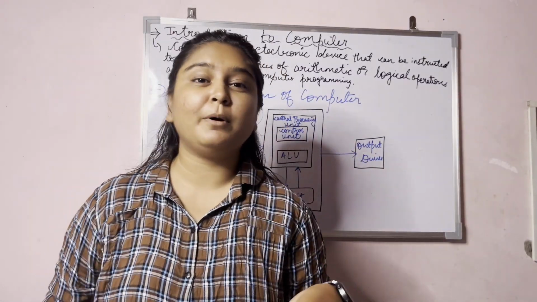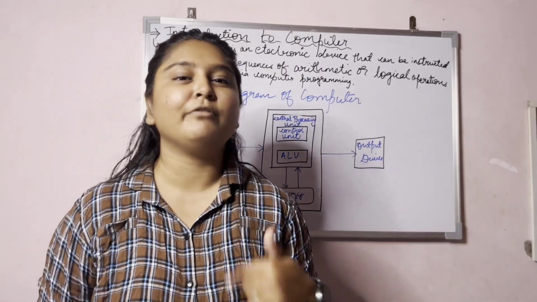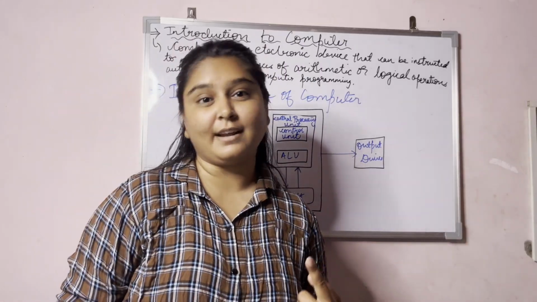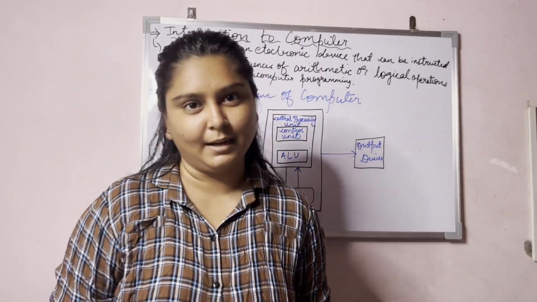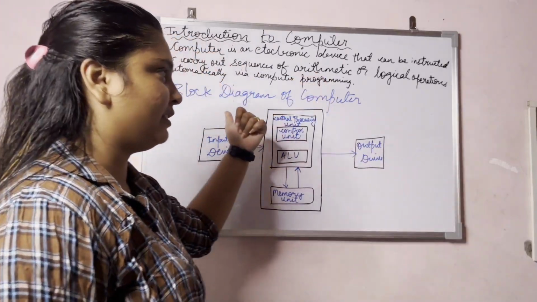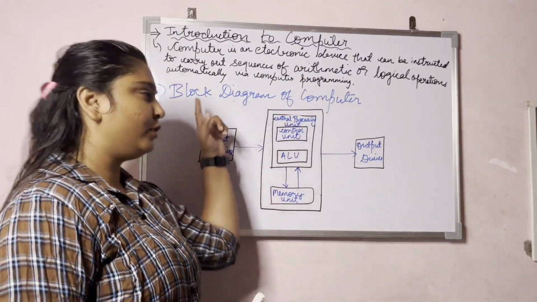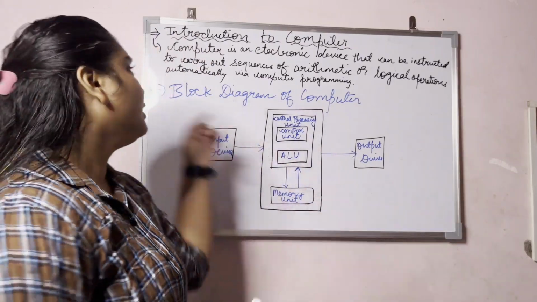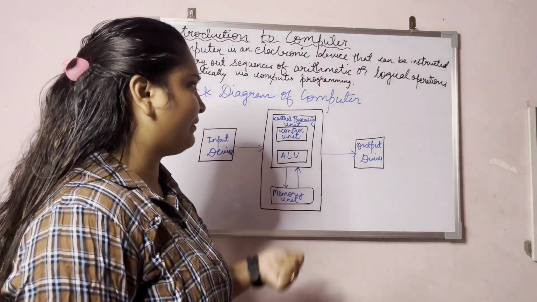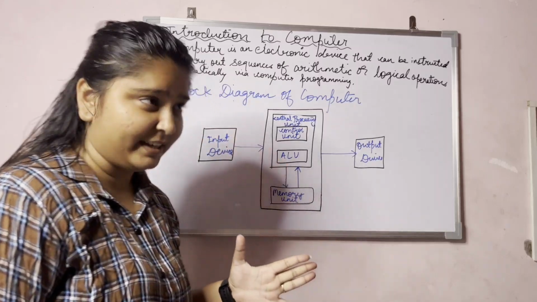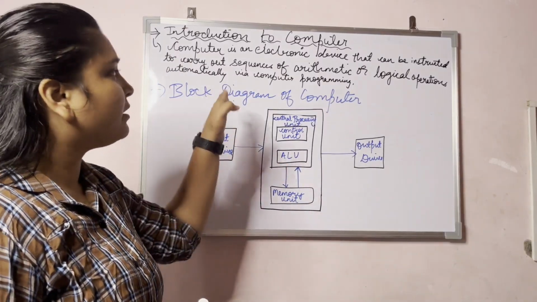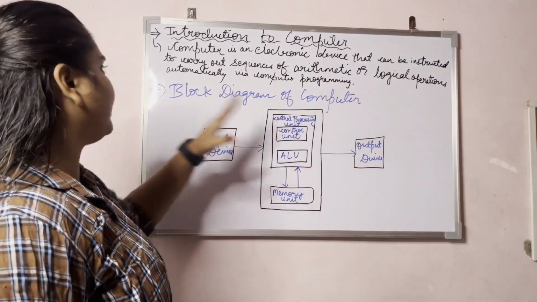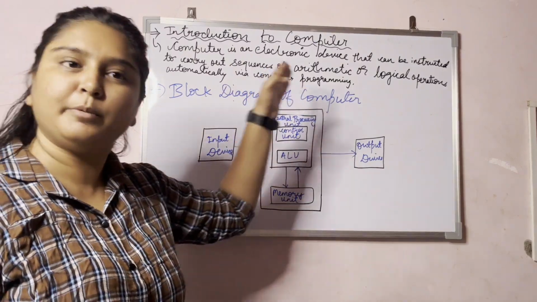So when we talk about introduction to computer, the first question which arises is, what is computer? So here I have written, if it is visible, look at here, I am dictating that too, that what is computer? So computer is an electronic device that can be instructed to carry out sequence of arithmetic or logical operations automatically via computer programming.